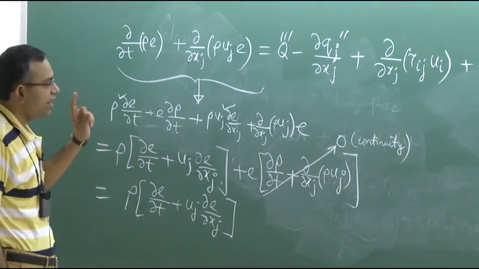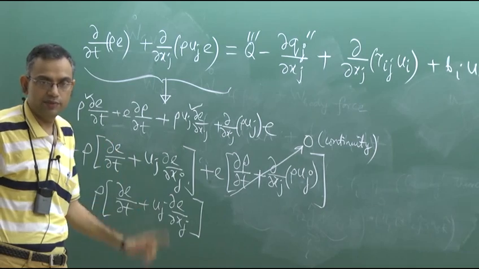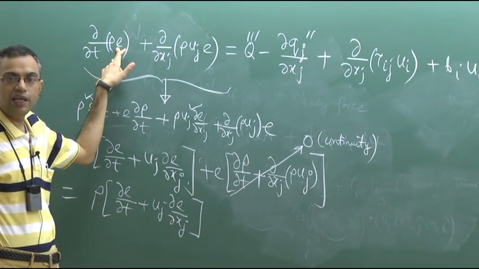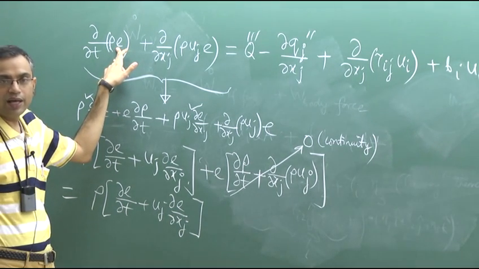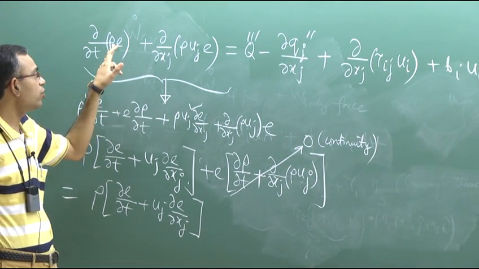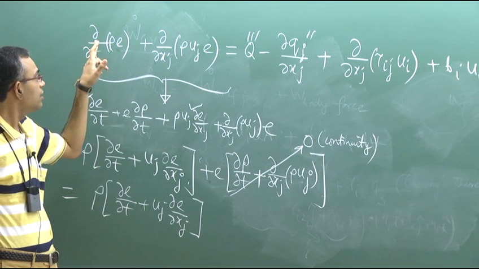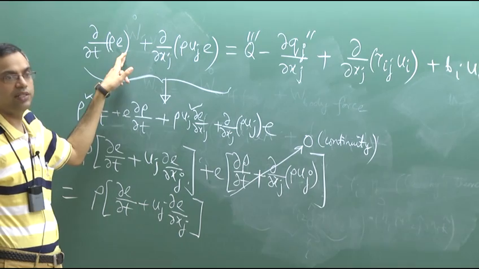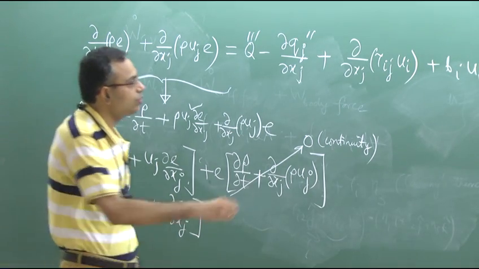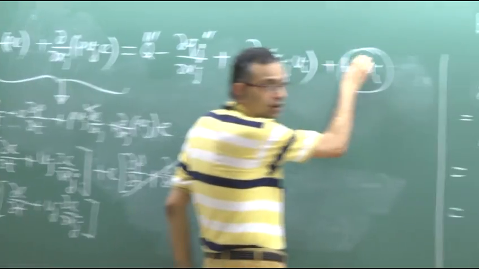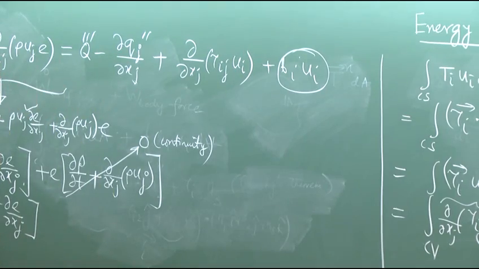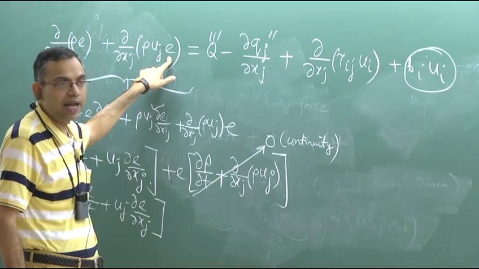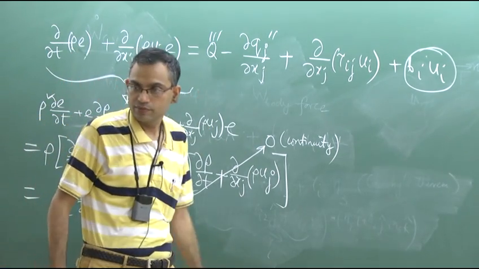Now one has to be careful in one thing. In this equation, when we write E, actually we are including within it the internal energy, kinetic energy, but not potential energy. Why? Because we are already having an expression for work done by body force. So if we now again write potential energy here, then that will duplicate the same effect.